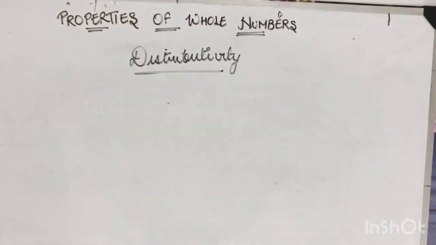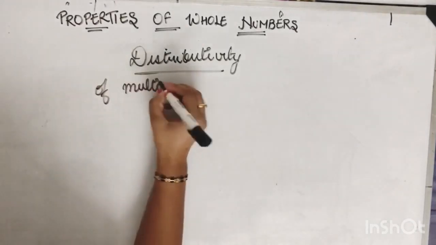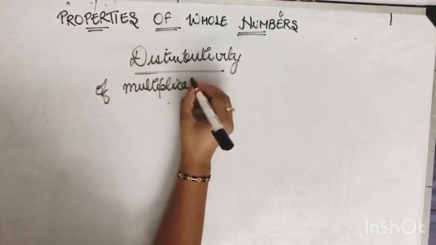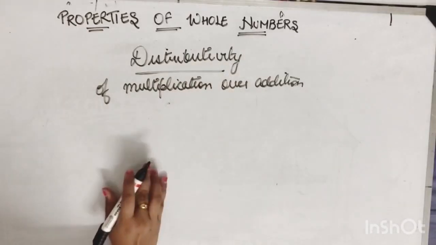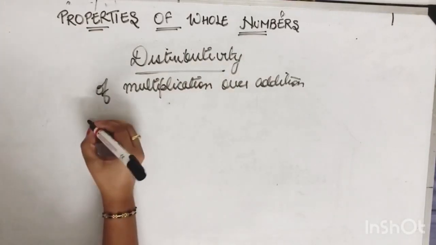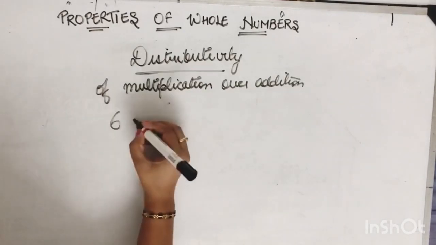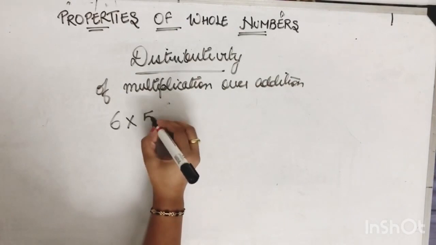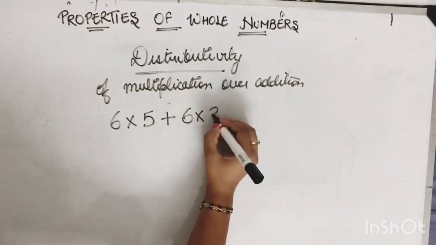Next property is distributivity. Distributivity of multiplication over addition. So now in distributivity, like I'm taking one example, 6 into 5 plus 6 into 3.